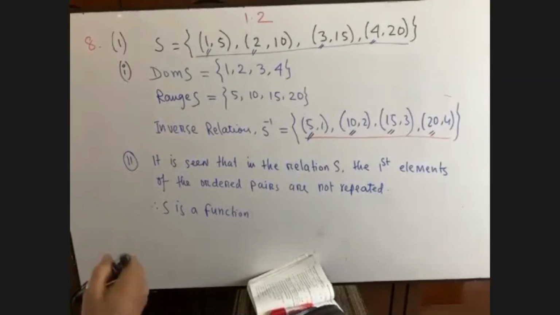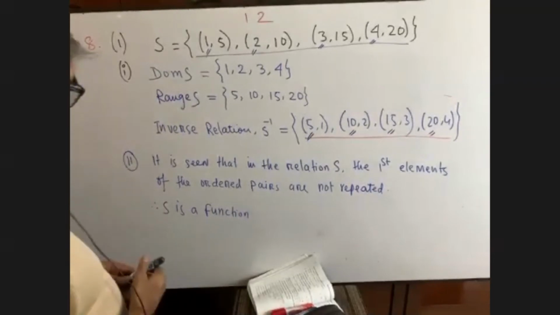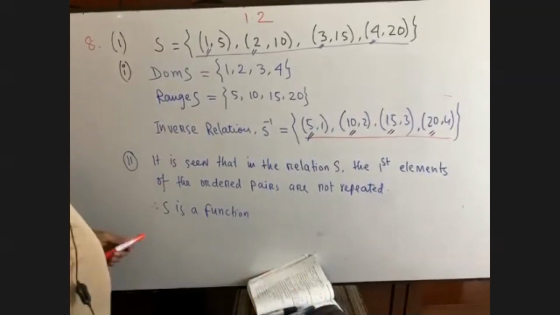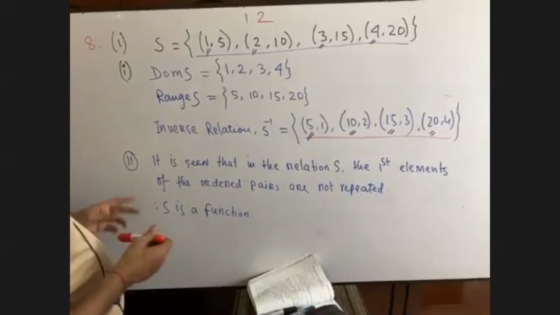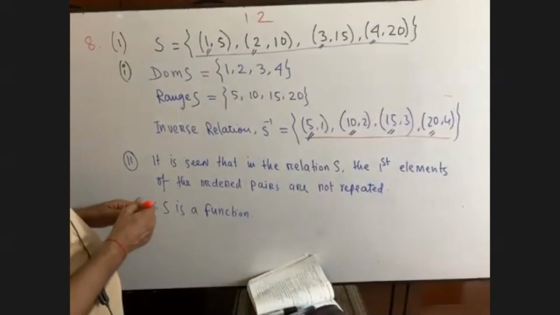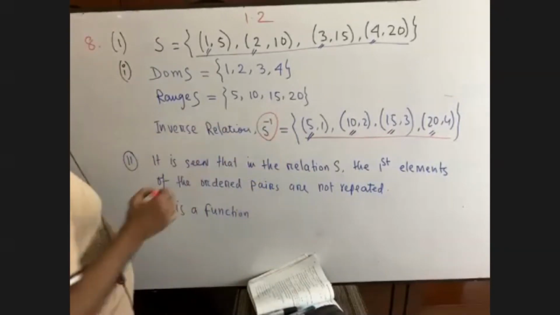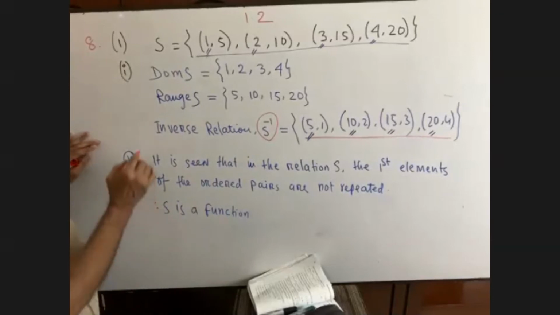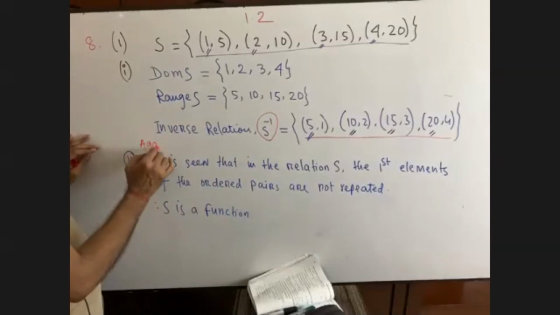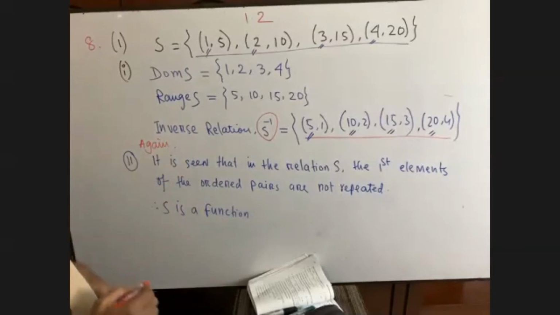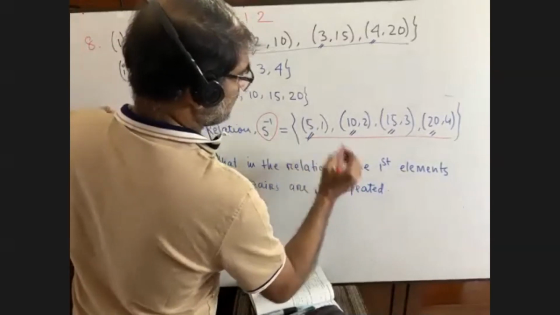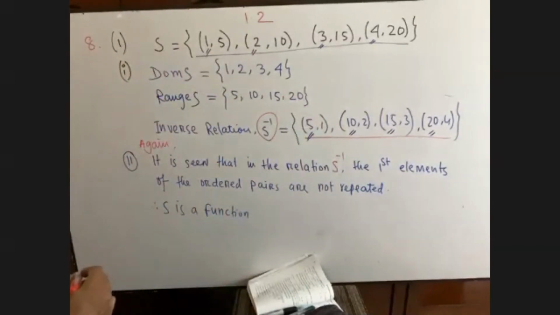Have you got it? Yes, sir. Now you have to determine whether this S inverse is a function or not. Again you write down: it is seen that in the relation S inverse, the first elements of the ordered pairs are not repeated.